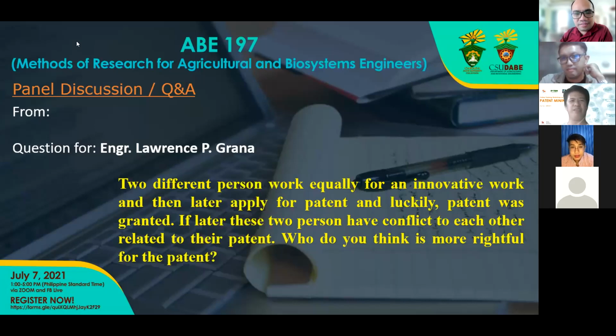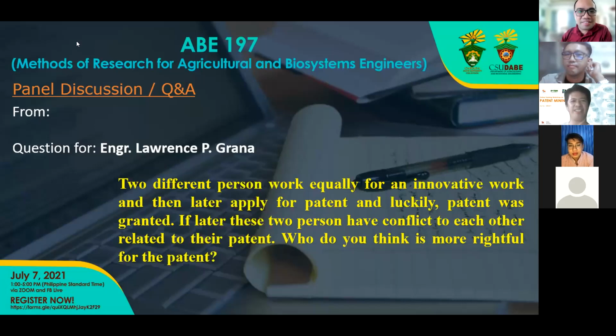I'm not sure, but in my opinion, I think they have equal rights as the owners of the patent. I think it is an equal sharing when it comes to the ownership of the patent.